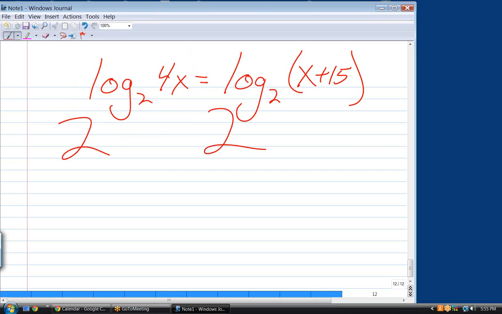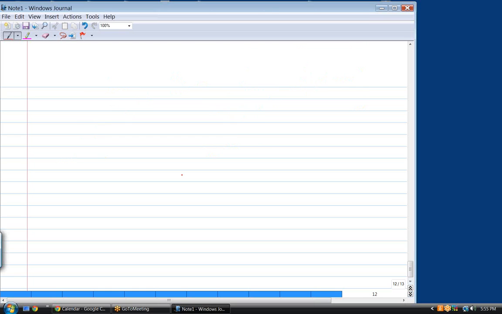Now, first of all, you see what I did there? It's important to understand what I did. Let me make it a little different. If I say x equals 3x minus 1, I can exponentiate both sides here.